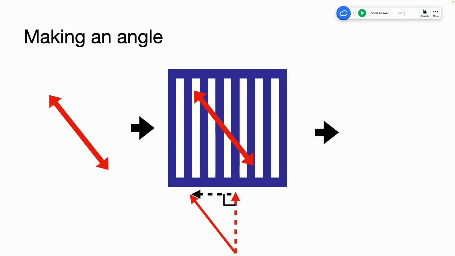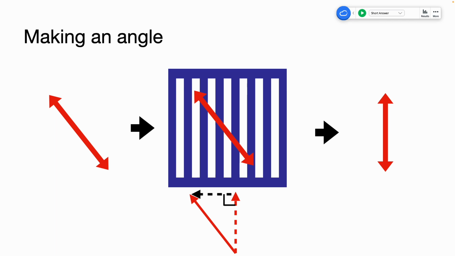So what happened is that your light will partially pass through the polarizer, and after you pass through the polarizer, it's no longer diagonal, it's vertical. When you have diagonal light passing through a vertical polarizer, the only component that passes through is the vertical one, so the light after the polarizer becomes vertically polarized.